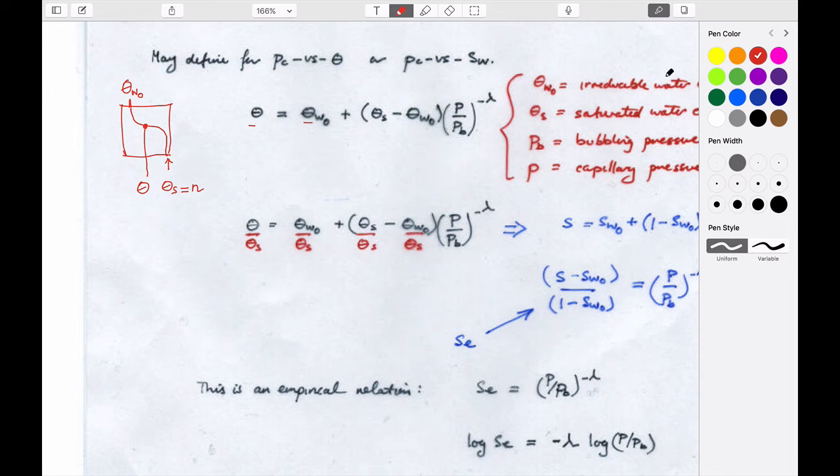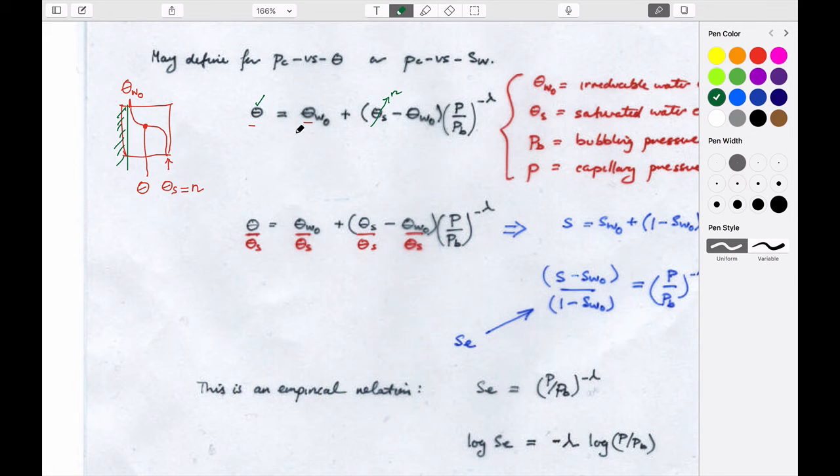So again, we're just defining the curve in the same way, getting rid of this stuff on the right-hand side. If we know the volumetric moisture content we find ourselves at, this is a function of the porous medium as to what this would be. And this is always going to be equal to the porosity, as it turns out.